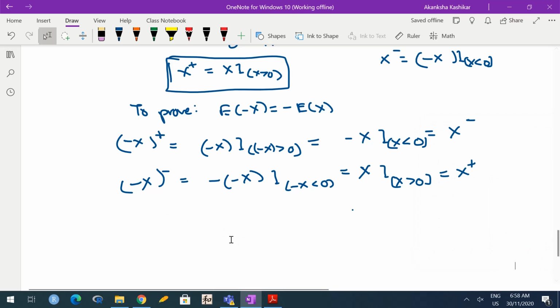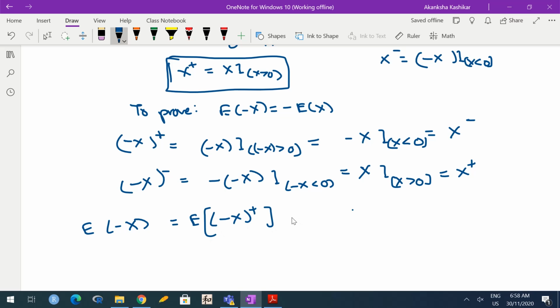Okay. Using this, now let me write the expectation of minus x. By definition, it would be the expectation of the positive part of minus x minus the expectation of the negative part of minus x.